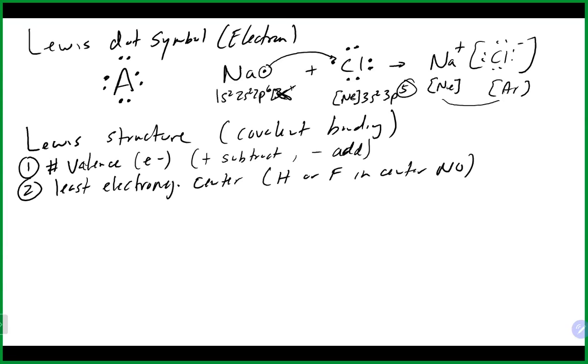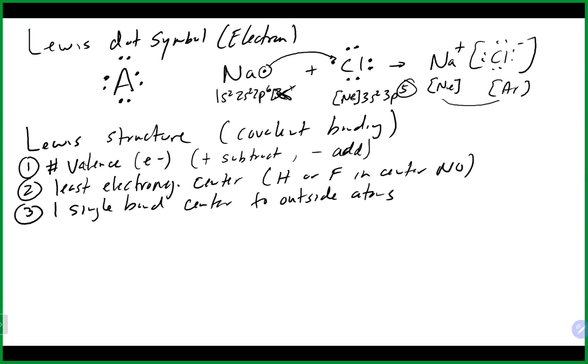And fluorine, which is the most electronegative, will never be the least electronegative. Once you have that, you want to draw one single bond from the center atom to the outside atoms.